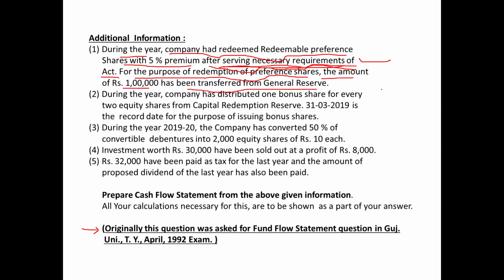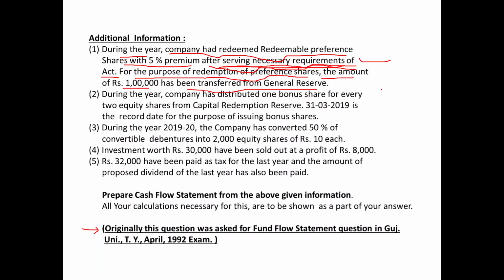And fifth provision, after redemption of RPS, balance of CRR, that is capital redemption reserve account. Balance of CRR account can be utilized for issuing bonus shares to existing shareholders of the company.